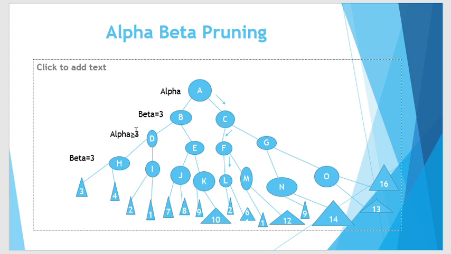If we move to this node, it has a value of 4. If we choose that particular node, then we'll get a value of 4. Obviously, it is a min node, so beta value will remain 3 because this value is larger. Now we know that this node's min value is 3. It is confirmed now. This node has value 3.